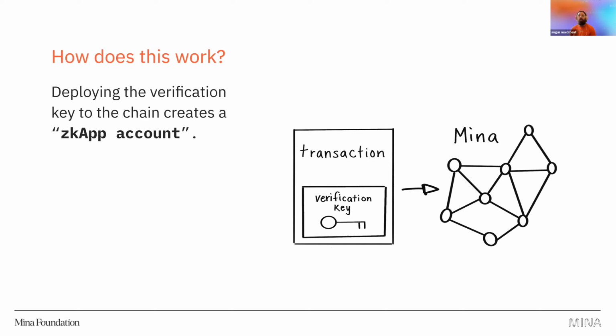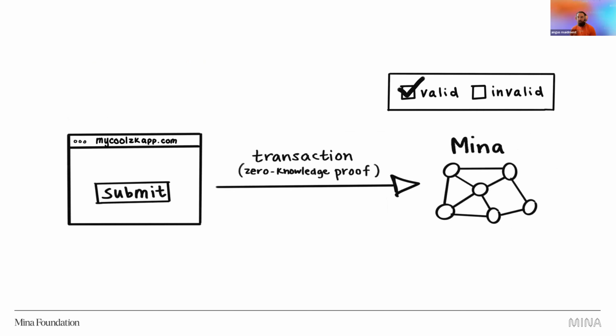So then when people use that ZK app in future, they use your code, they run the program with whatever data and inputs they have, and they create a transaction which includes the proof that they generate when they run the ZK app, and that goes to the Mina network.